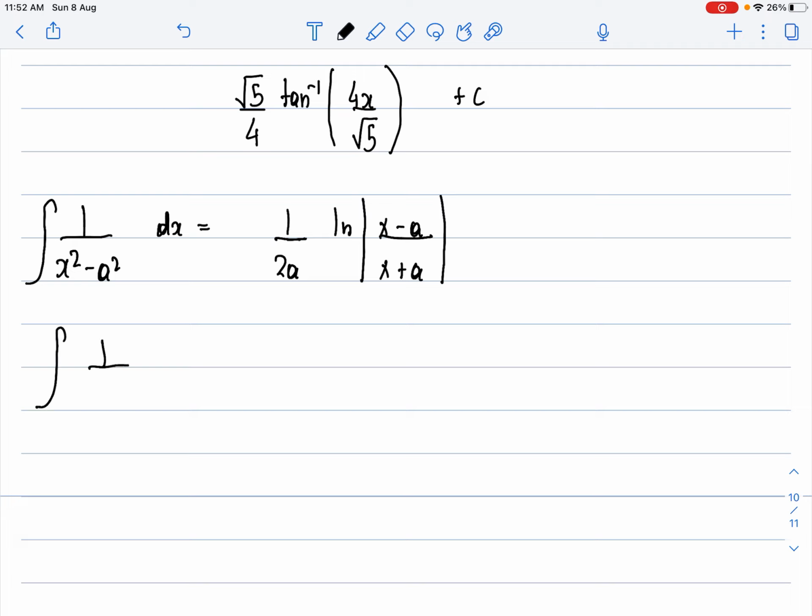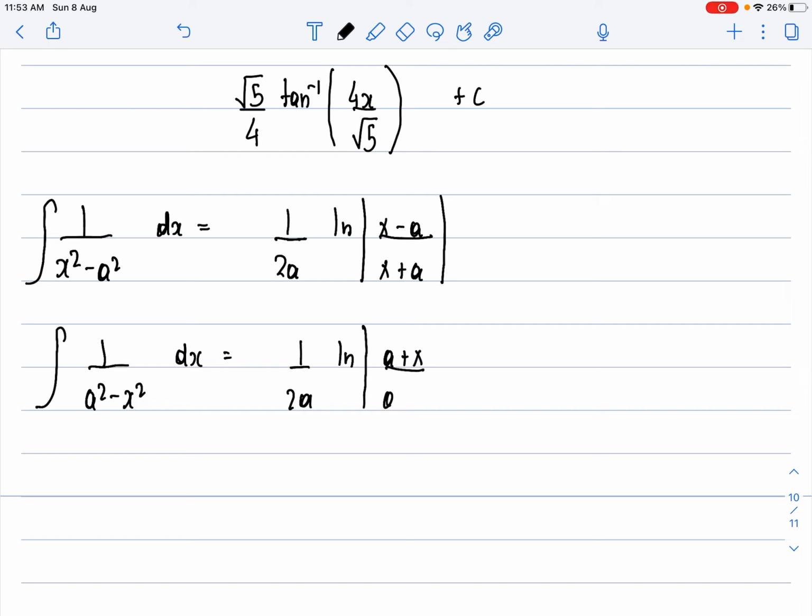So this can be written as 1 over a square minus x square dx, which is basically equal to 1 over 2a with ln x plus a divided by, sorry, you can write it as x plus a or a plus x. A plus x will be easier to remember.